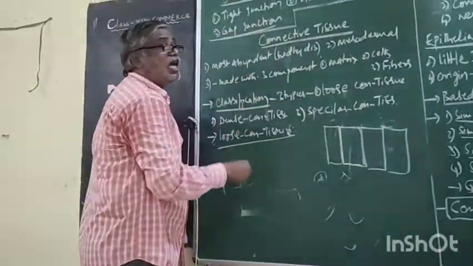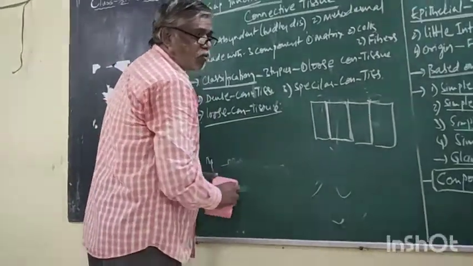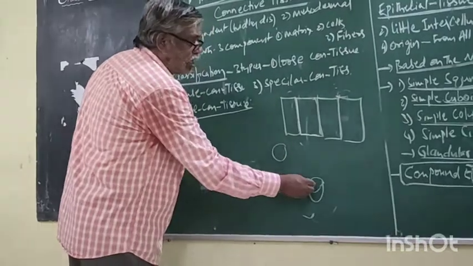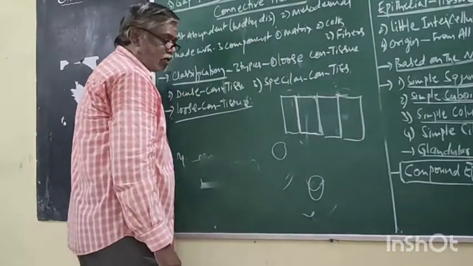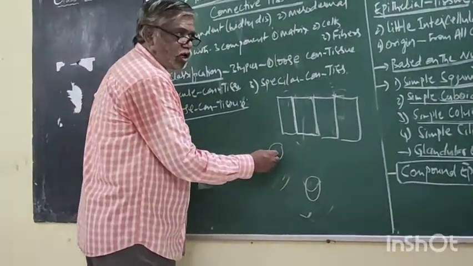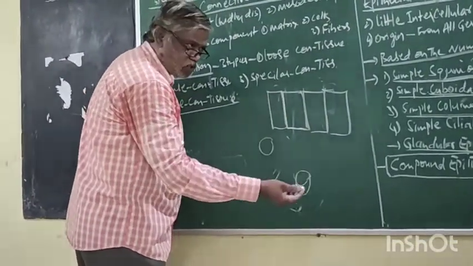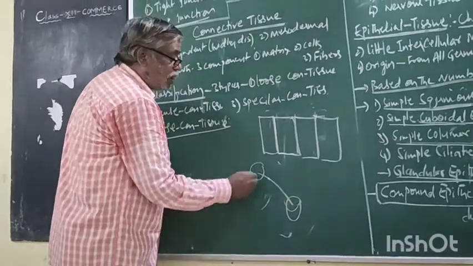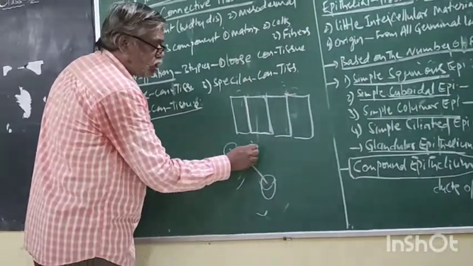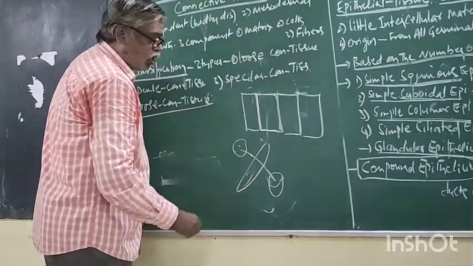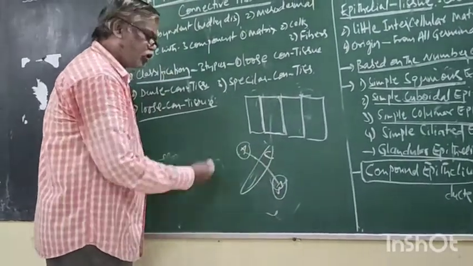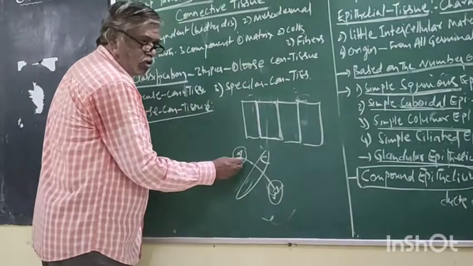Now what is a gap junction? See, it is one area, and it is another area. The molecules, gases, liquids, whatever it may be, must be transported from this one to the other. Between these, there is A tissue, B tissue and C tissue.